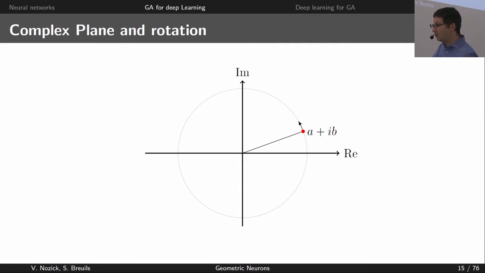Let me explain it again, but my explanation is a bit better because I have a drawing. If you just consider a complex number in the complex plane, this is a plus ib. If you multiply this point by i, this is what you get, and this is mathematically easy to follow.